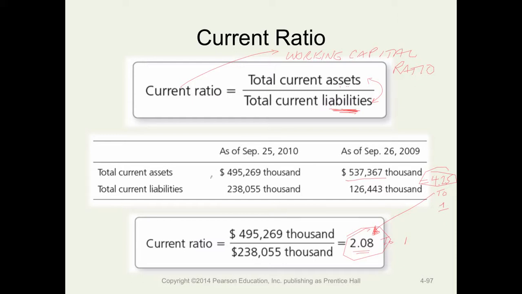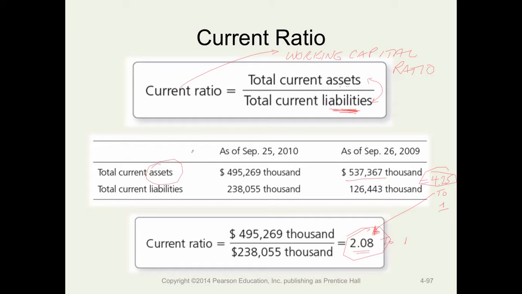In addition, we're not sure about the composition of those current assets. What if most of those current assets are prepaid insurance or prepaid rent? You can't sell prepaid insurance. If you prepaid 3 years of insurance in advance, that can't be sold. So the assets in here may not be all that liquid. So you'd have to look at the composition of the current assets.